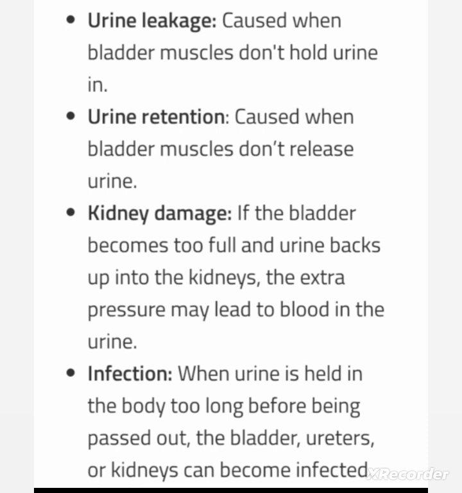So gradually there will be a chance for renal failure or kidney damage. Then there is an increased chance of infection because the urine is held in the body for a long time. The urine leakage is the incontinence, which will also be present as a feature of neurogenic bladder.